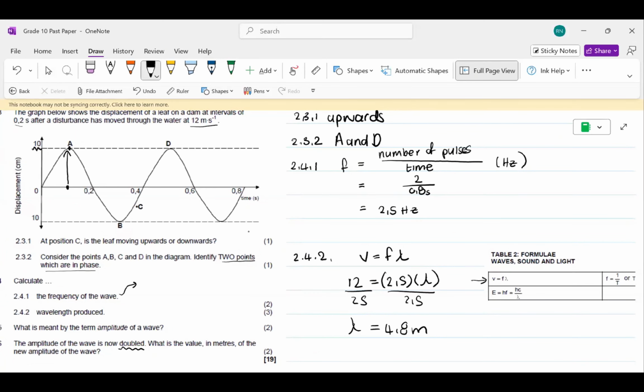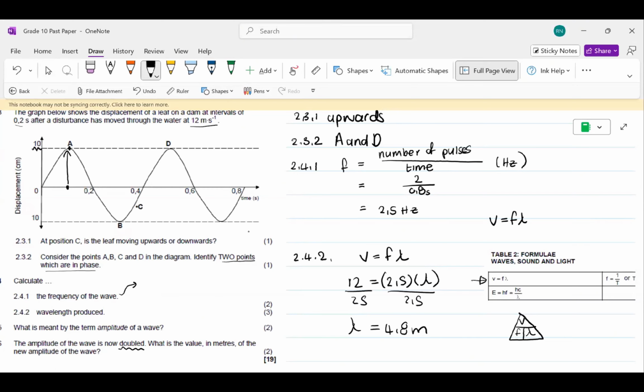So either on your formula sheet or your teacher, whatever they test you with, they're going to give you this formula that says speed is equal to frequency times wavelength. Right. Now we said we could either write it like this and then use algebra to move some stuff around, or we can draw our triangle and say that this is our speed, this is our frequency, and this is our wavelength, right?